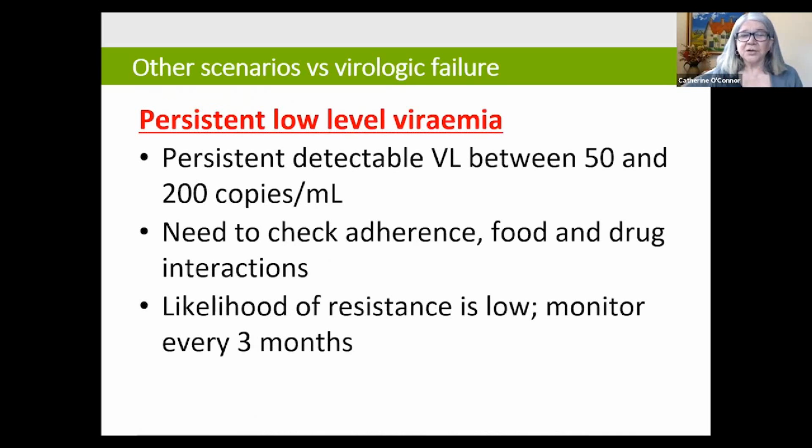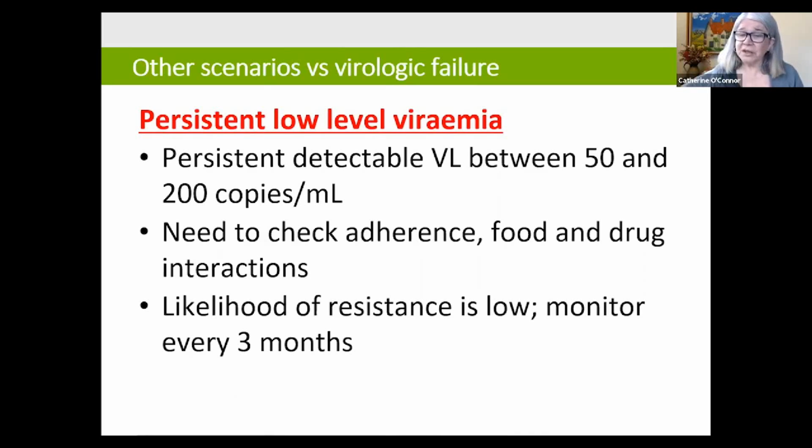Okay, so there are some other scenarios that cause a picture that we need to be able to clearly see as different from virological failure. Some people will have a persistent low-level viremia, and that means a viral load between 50 and 200.